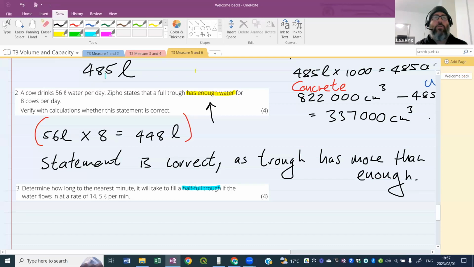A full trough is 485, so what is half a trough? Ben's got an answer there. He says 33 minutes. Round it up to the nearest minute.